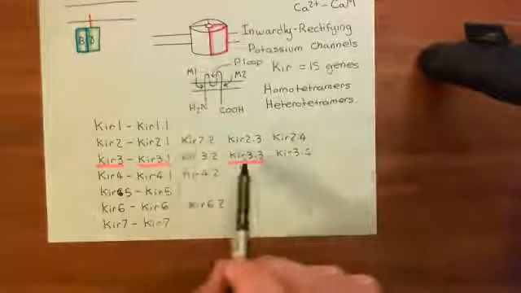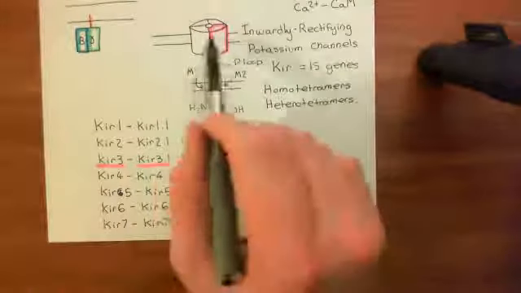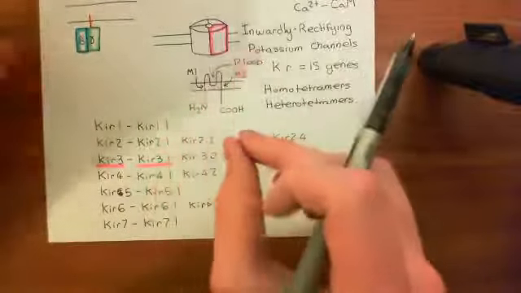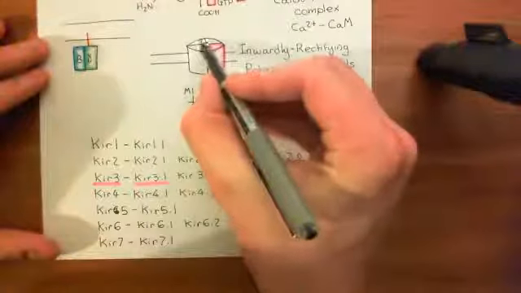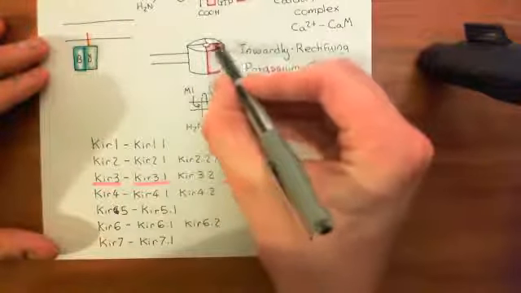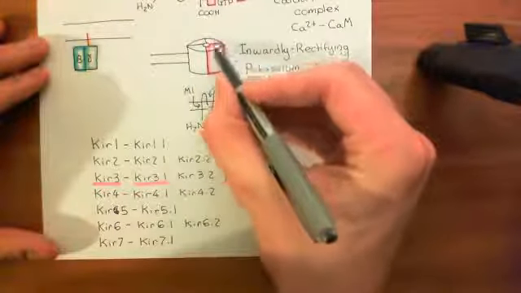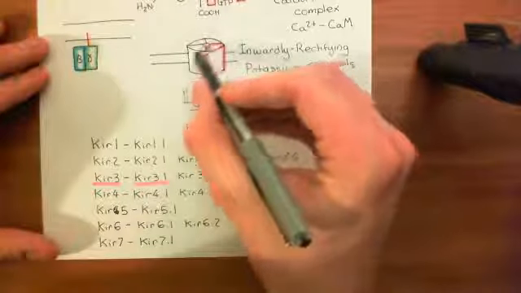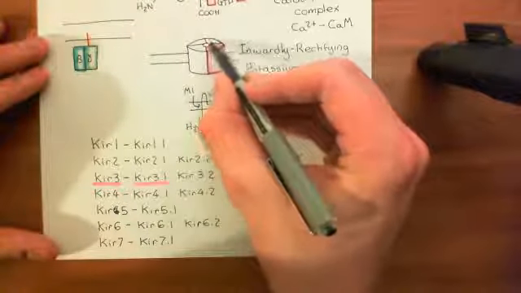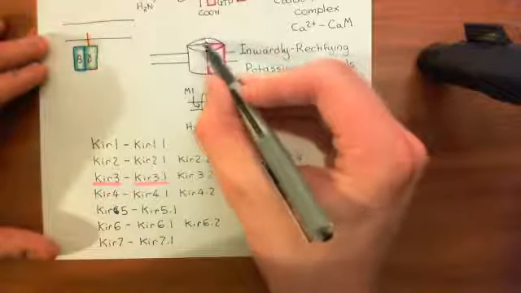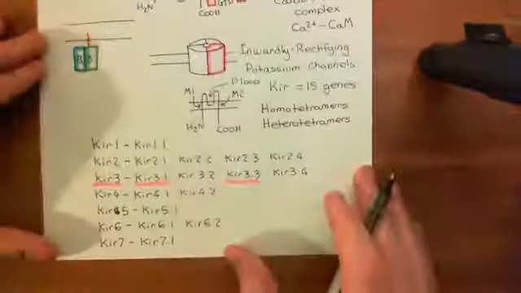Do I take 2 of this, 2 of this? When I've got those 2, how do I arrange them? Do I put both of the same ones next to each other? I.e., do I put 2 KIR 3.1s in these 2 and 2 KIR 3.3s in these 2? Or do I put them diagonally opposite each other? I.e., put the 2 KIR 3.1s here and here, and the 2 KIR 3.3s here and here.